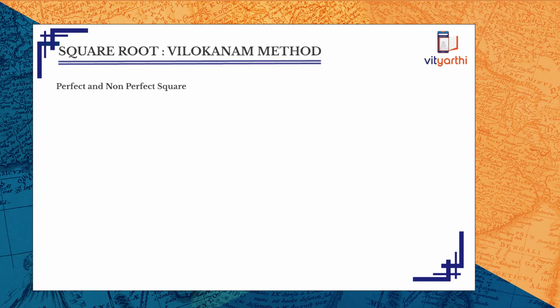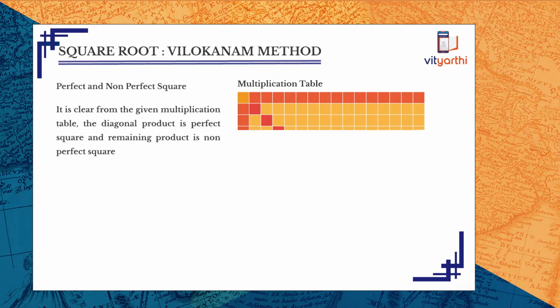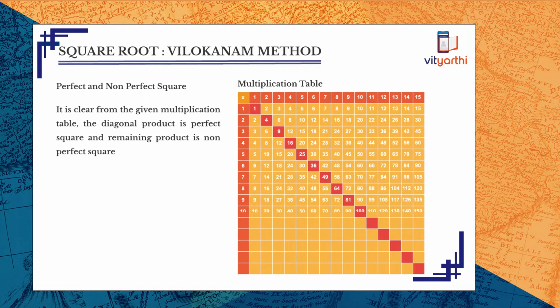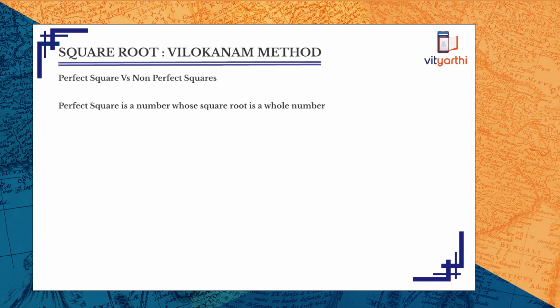Now let's understand what is perfect and non-perfect square. It is clear from the given multiplication table, the diagonal product is perfect square and remaining product is non-perfect square. Perfect square is a number whose square root is a whole number.